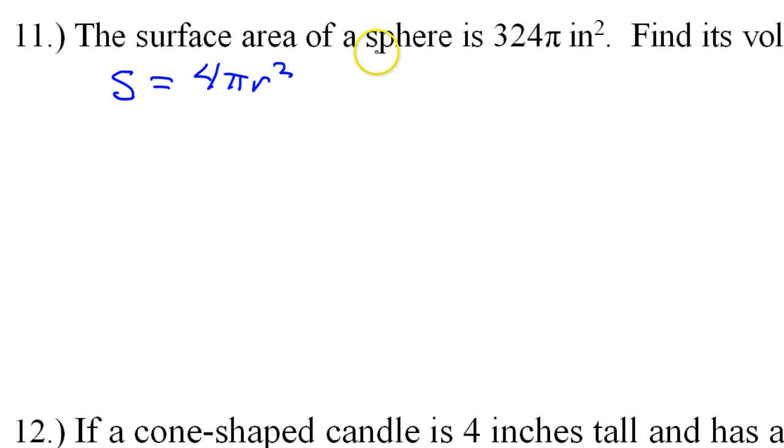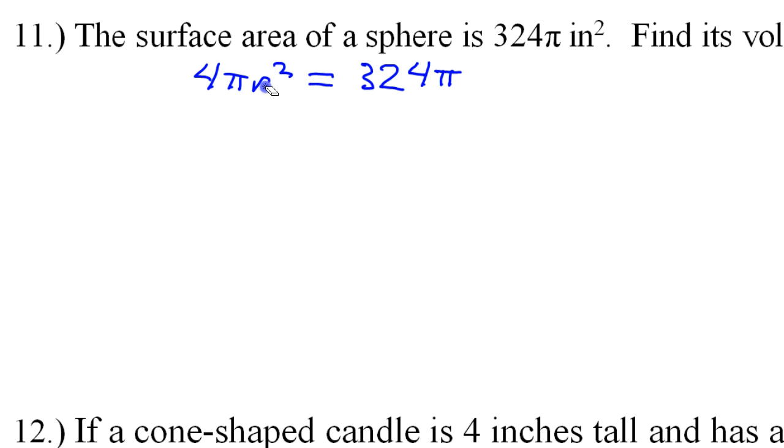Okay, so if the surface area of a sphere is 324 pi, then this surface area should equal 324 pi. Okay, so I'll just erase that s, and let's go ahead and solve this equation.